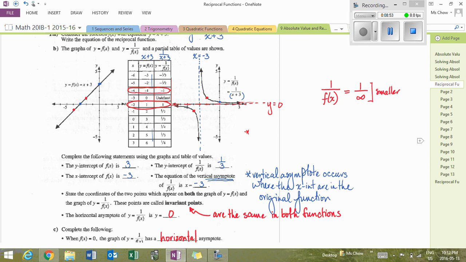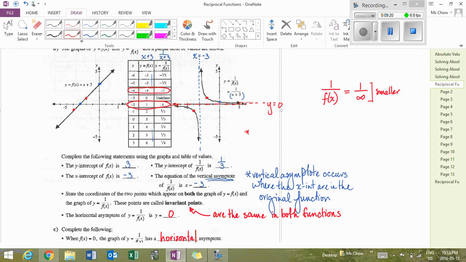Just a couple of things to point out before we go on. Because you'll likely have to do this during your homework, if you're given the graph and you're not given the actual function itself, say I didn't know that y is equal to x plus 3, how could I draw the reciprocal function of this?